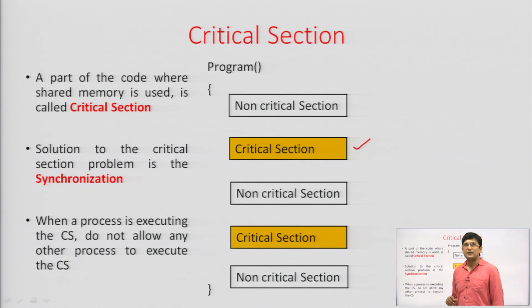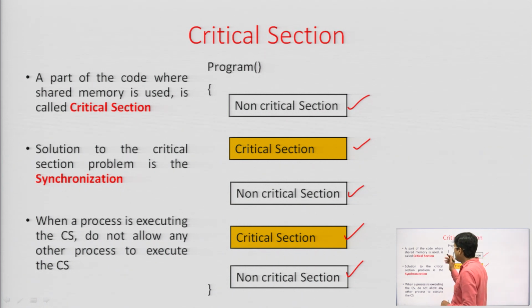We can use the shared variable multiple times in the same program, so we can have several critical sections in our program. Any other code written in the program is known as the non-critical section.